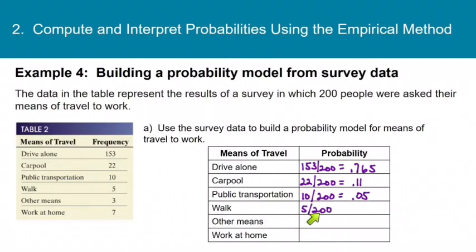Walking is 5 out of 200, so 0.025. Other means has 3 out of 200, so that's going to be 0.015. And working at home is going to be 7 out of 200, so that's going to be 0.035. And so I hope you see that a probability model is really no different from a relative frequency distribution.